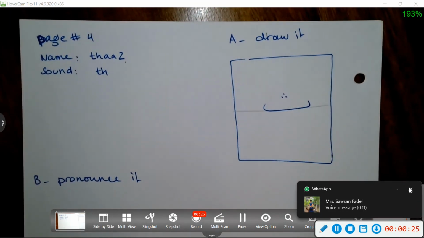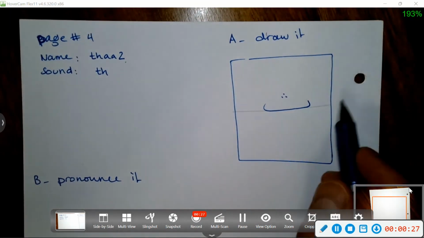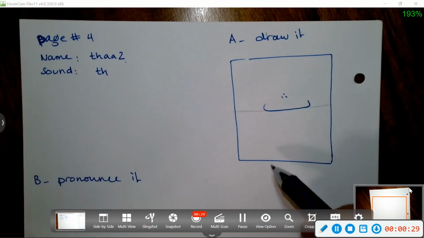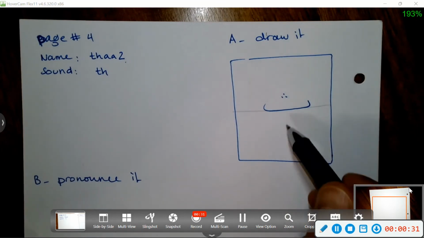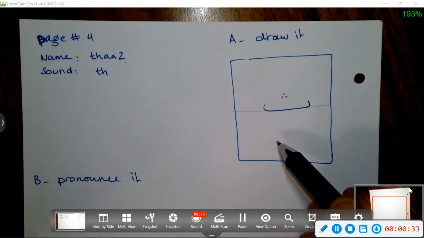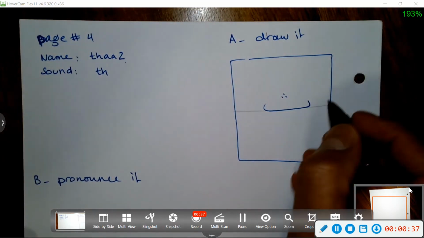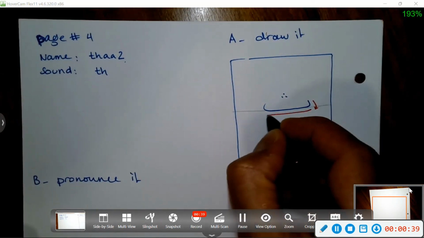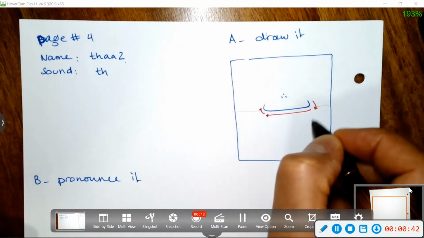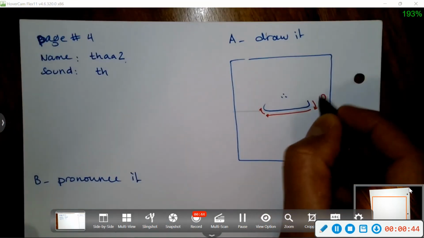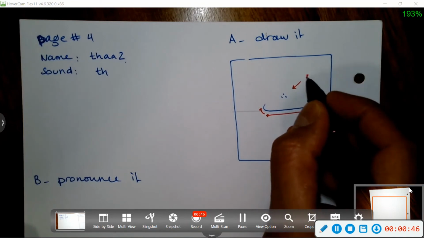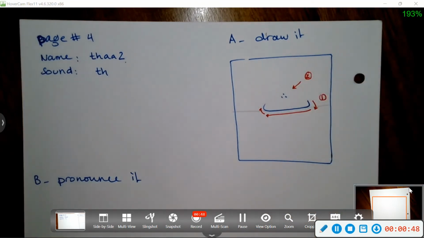The only difference is we have 3 dots instead of 2 with the ta and 1 with the ba. So this is first, and then we put the 3 dots.